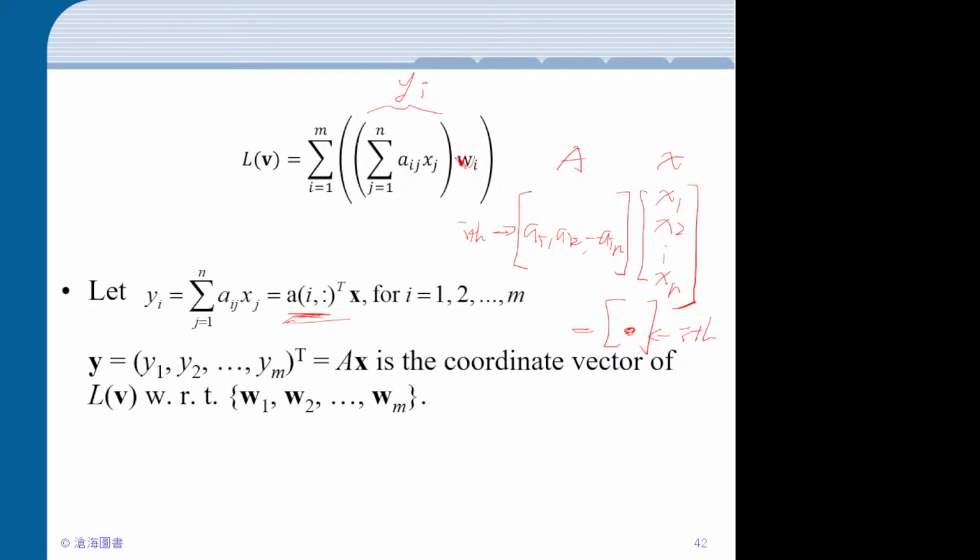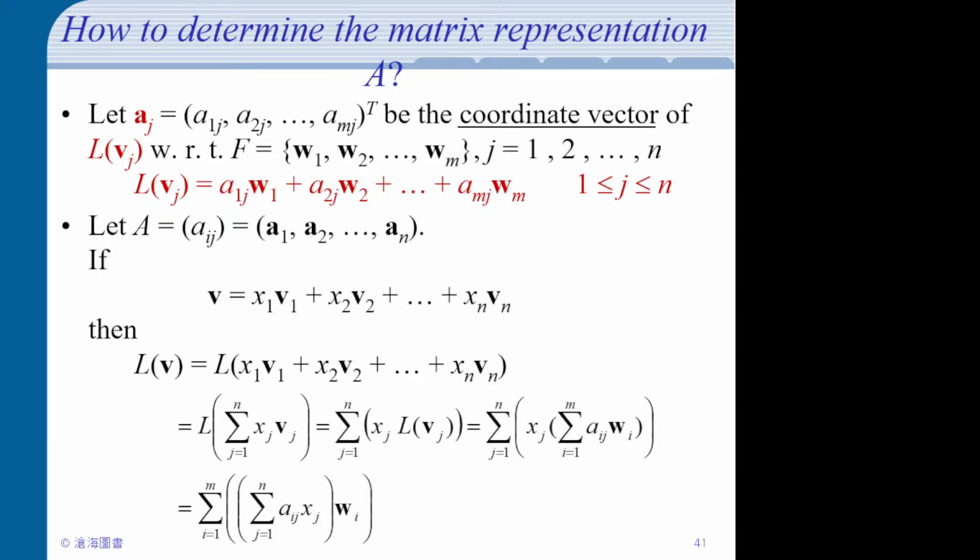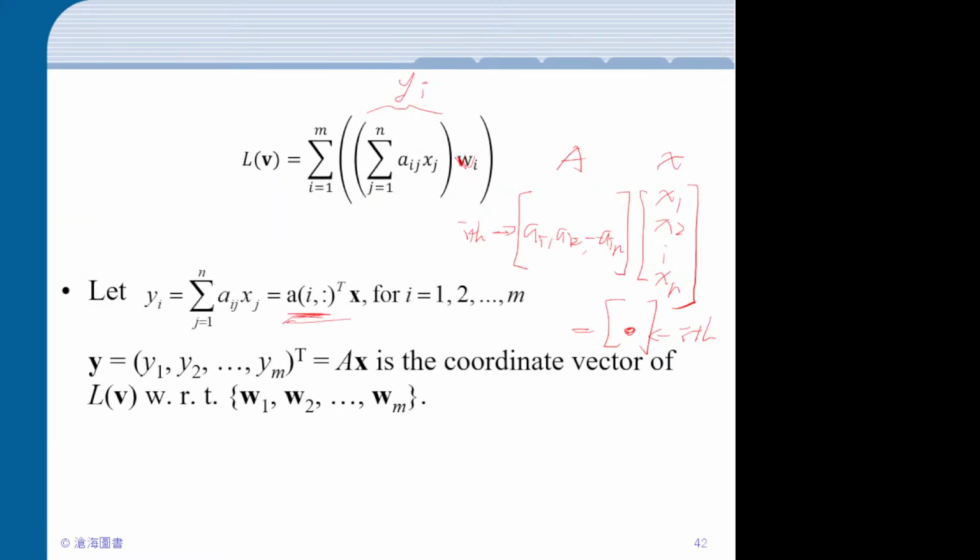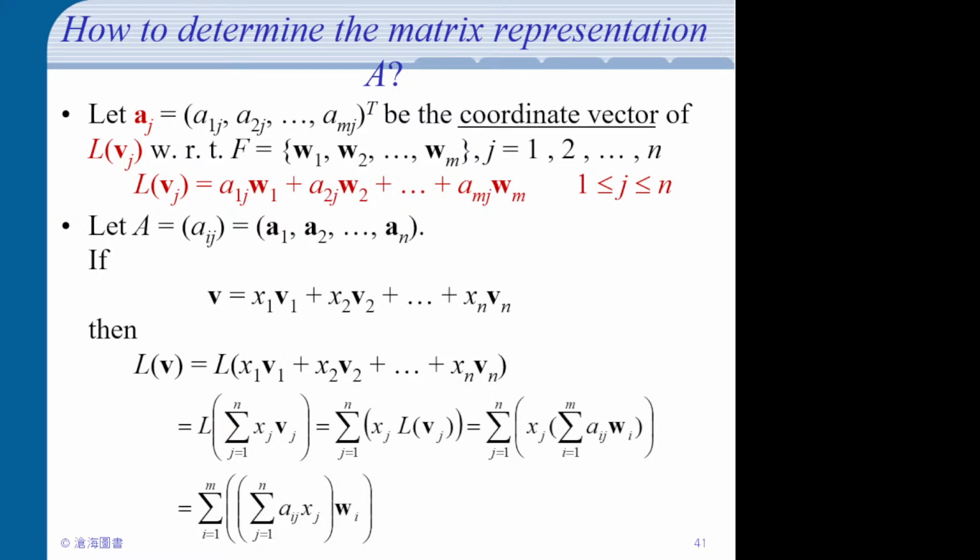Okay. I think this is a lot of notation, but really we are not doing anything new. We're just making notation a lot more complicated. The important thing here is you want to find a matrix, then you find out what the linear transformations of the basis vectors are. So you put your n basis vectors into your linear transformation, and you get n vectors in your output space W. And now because we want to find coordinates, we just find the coordinates of all the output vectors.